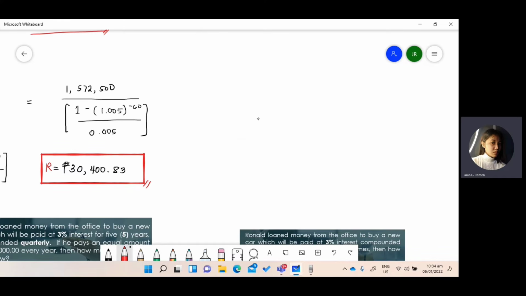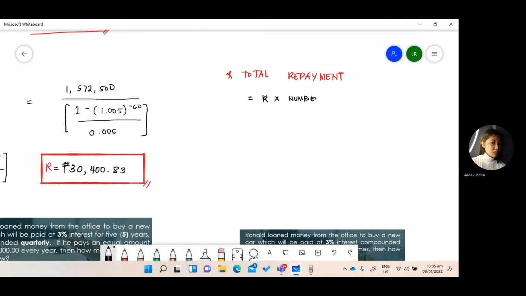Okay? So that is the total repayment. So again, for the total repayment, just simply multiply the repayment by the number of repayments.